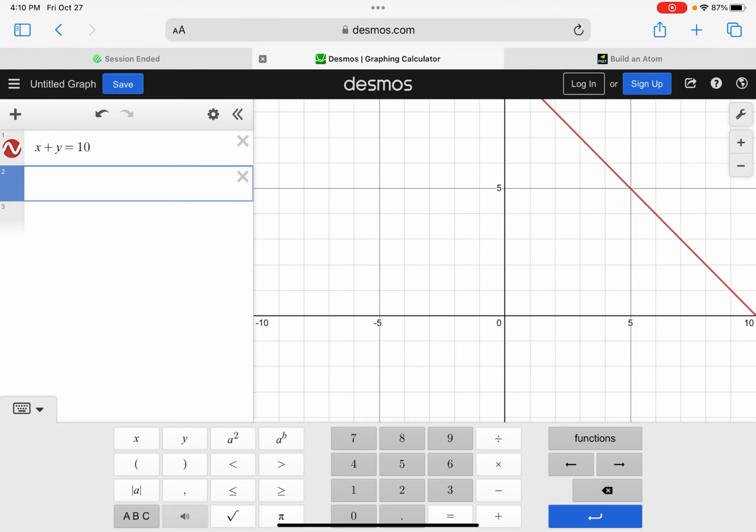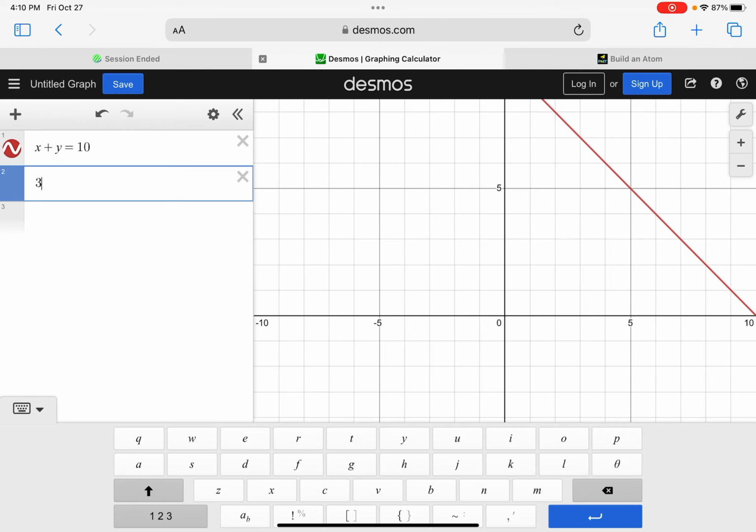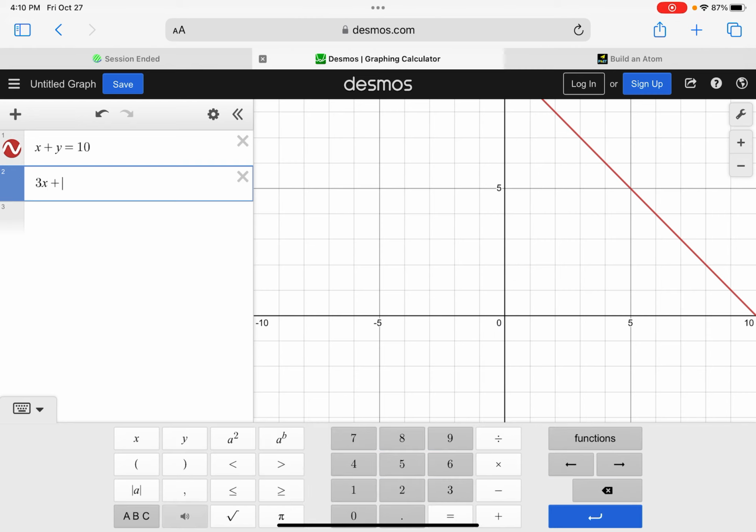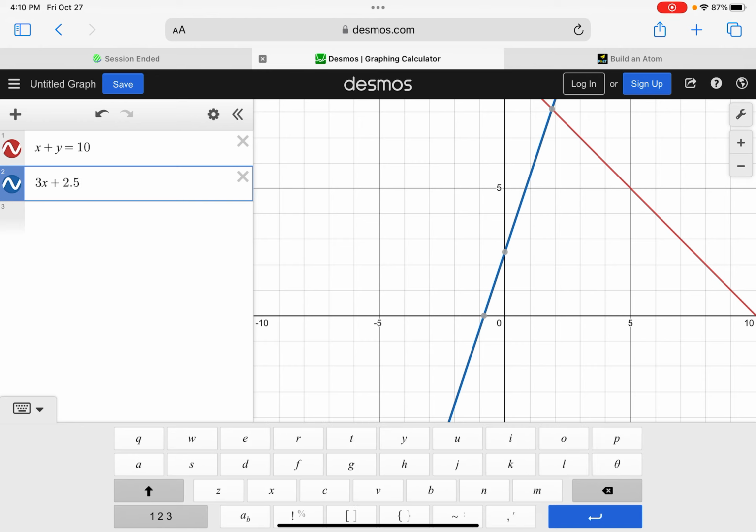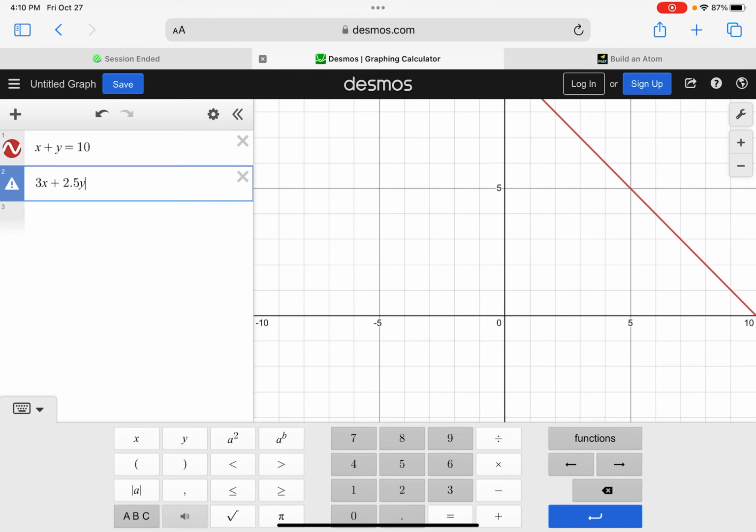And then we're going to have our similar equation that we had before. So it would be 3 times x, which is our old pennies, plus 2.5 times y, which is our new pennies. And then that's going to equal our total mass of our pennies. So in our example, it was 28.56.